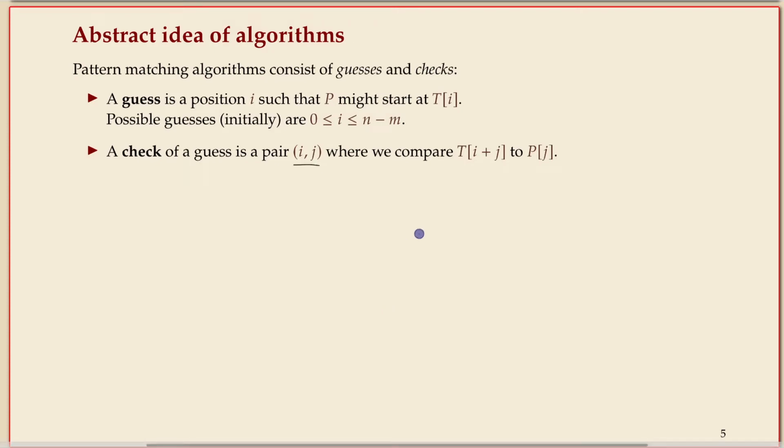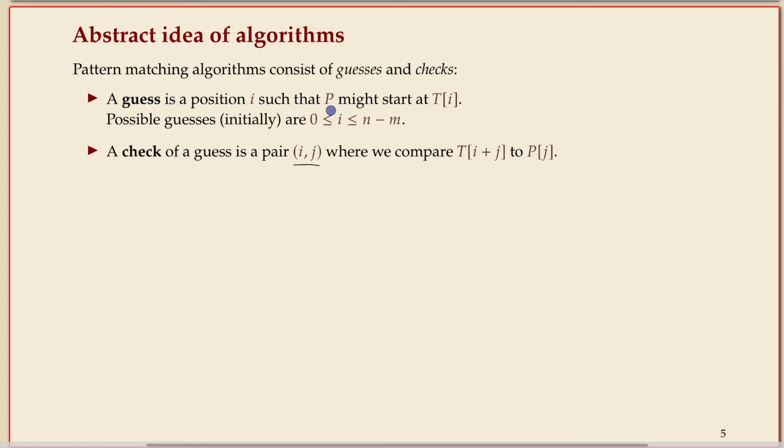I think the notation is not so important. It will always be spelled out if I remember correctly. So we can check two characters, one in the text and one in the pattern. And we can try to confirm or exclude guesses, so positions in the text where the pattern might be found.